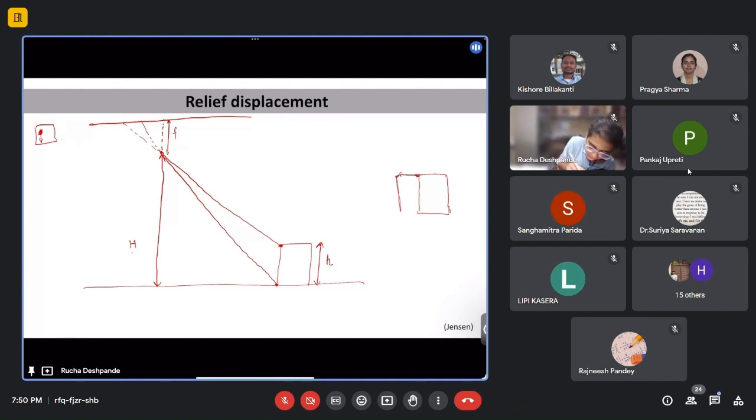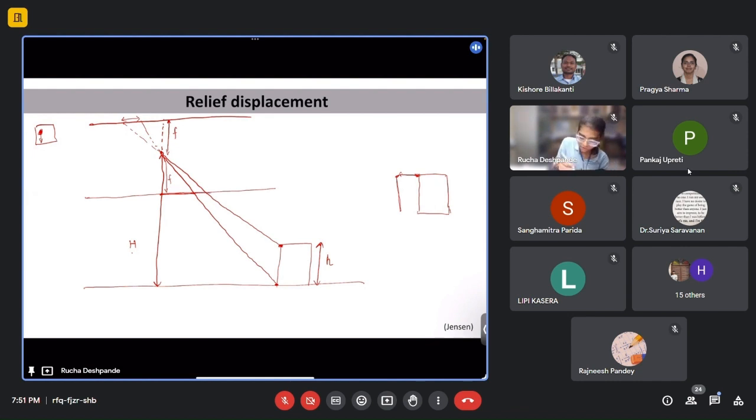This is the negative image which will be formed, and on a positive plane it will be at an equal distance f. So this is the image formed.